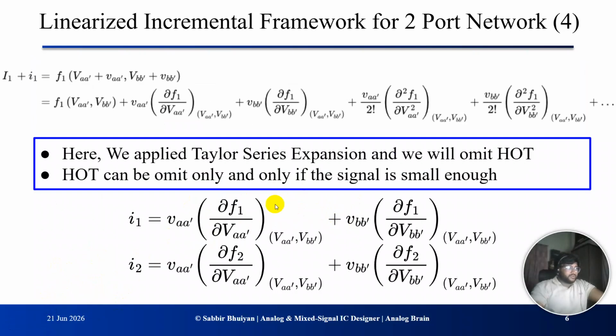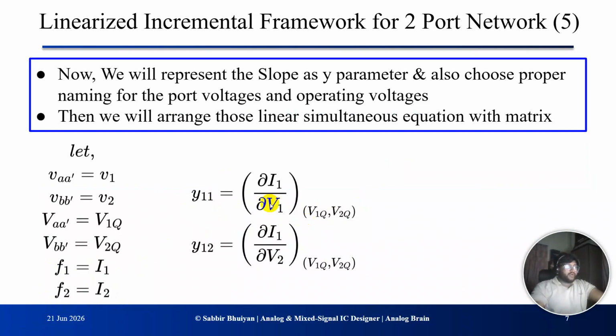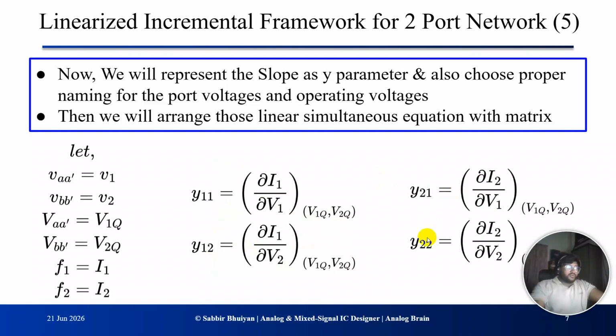So this is actually Y11, dou I1. I replace this VAA prime and VBB prime. So dou I1 dou V1 at V1Q, V2Q, and dou I1 dou V2. So Y11, Y12, Y21, Y22. When we write it, we will write Y11, then Y12 here, Y21 here, Y22 here.